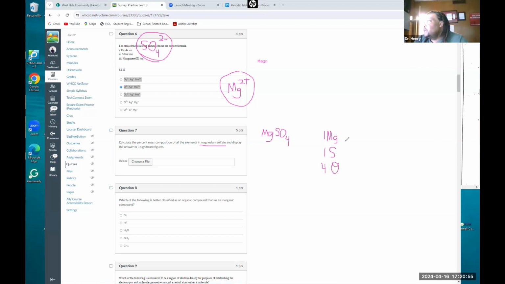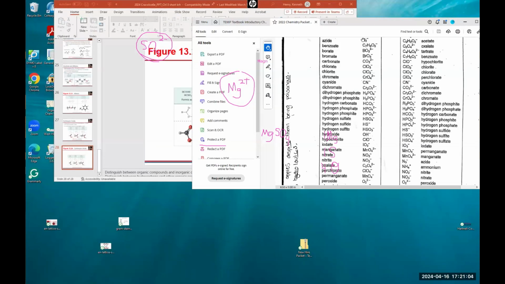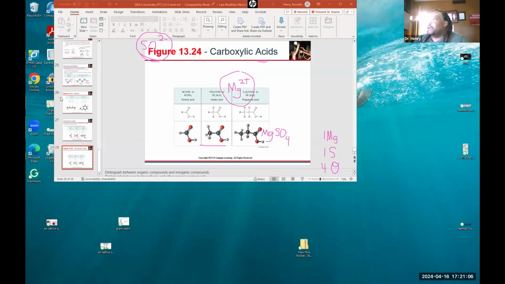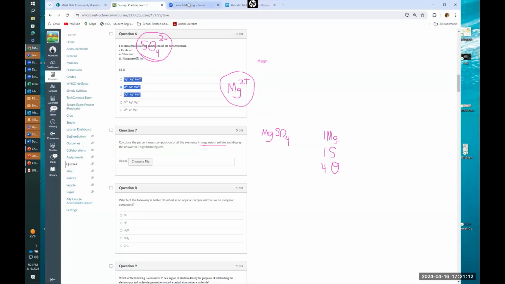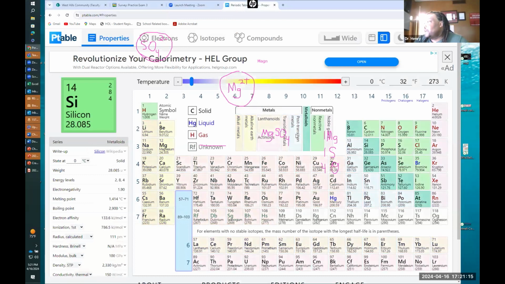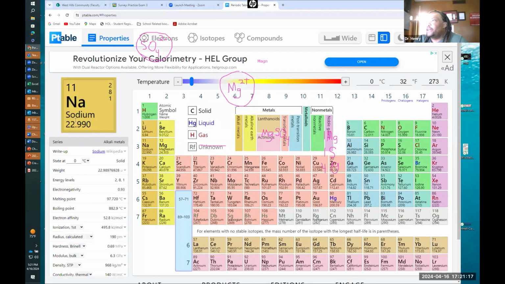So magnesium weighs 24.305. And we only have one, so we're gonna multiply times one, which is just that number.